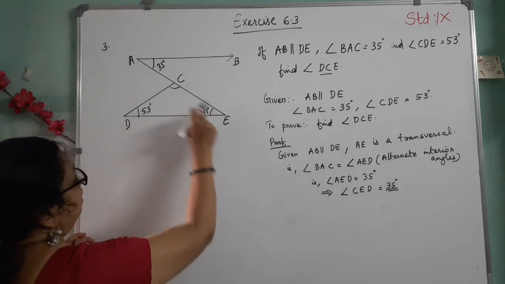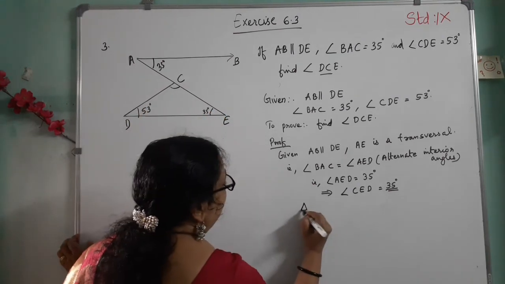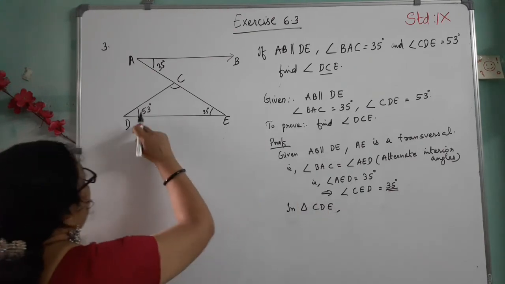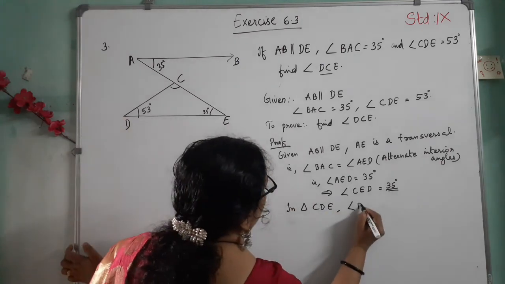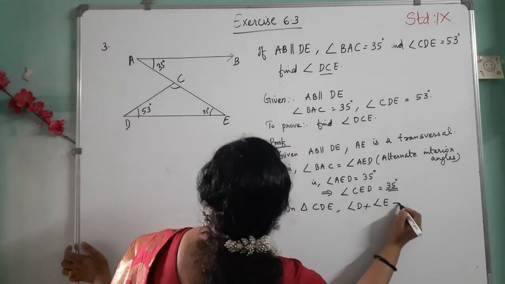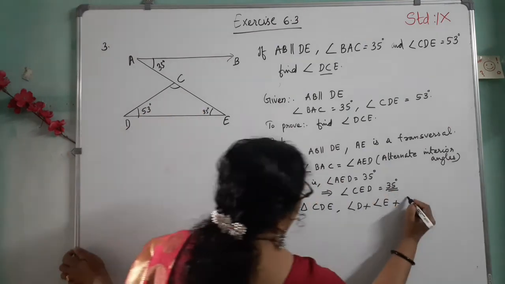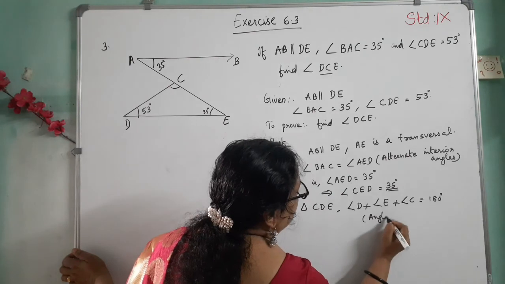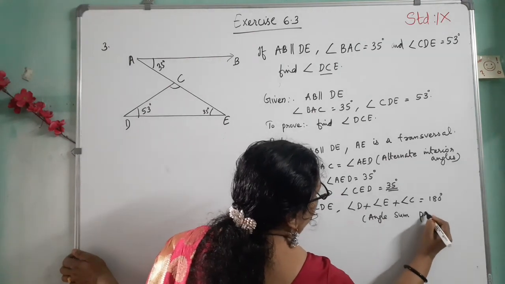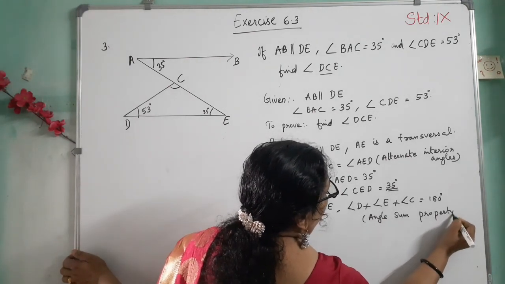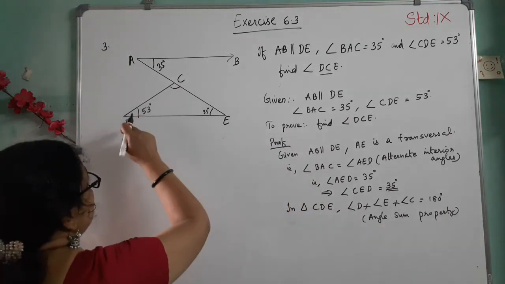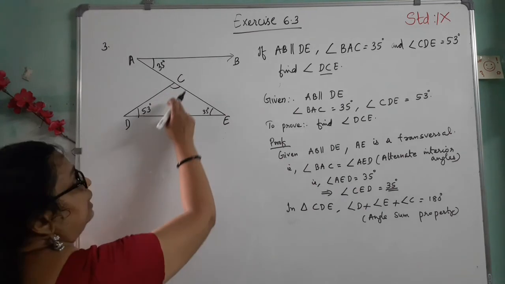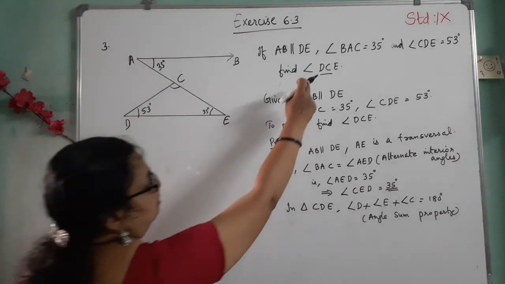So in this triangle CDE, angle D plus angle E plus angle C equal to 180 degrees, that is the angle sum property. That is angle D is CDE, angle E is DEC, and angle C means DCE, that we want to find out.